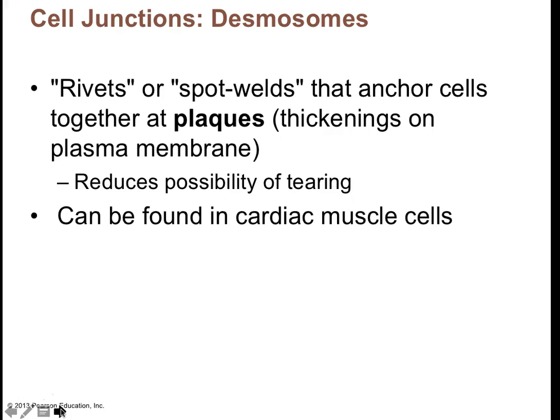The contractions are just so massive that you have to weld them together in order for them to have a forceful contraction but not injure the cell that is contracting so forcefully.